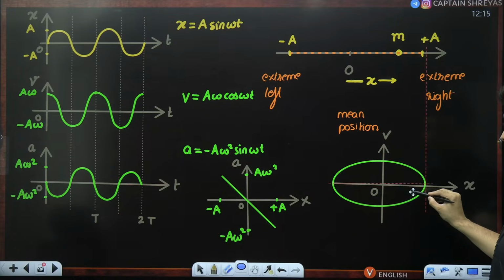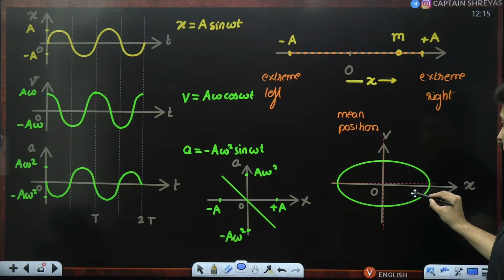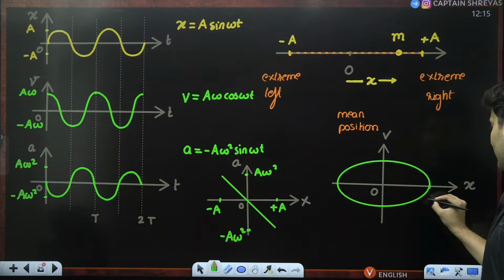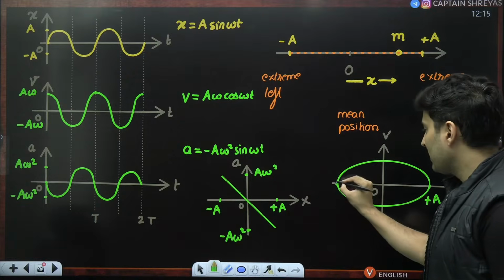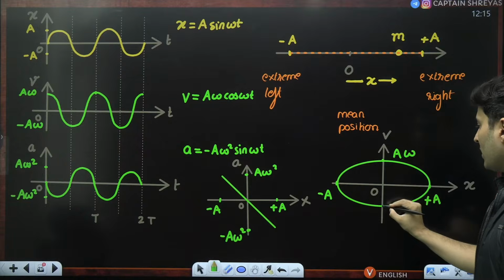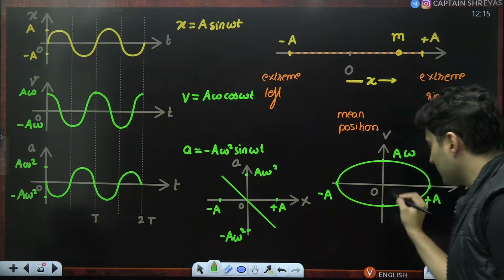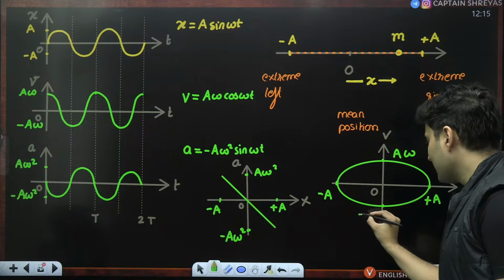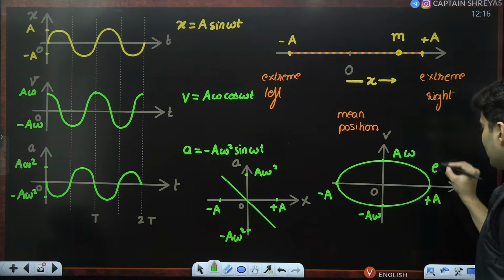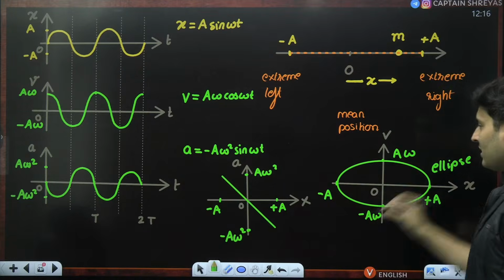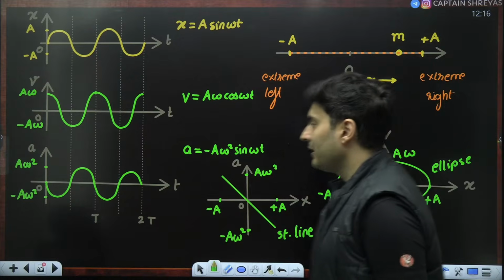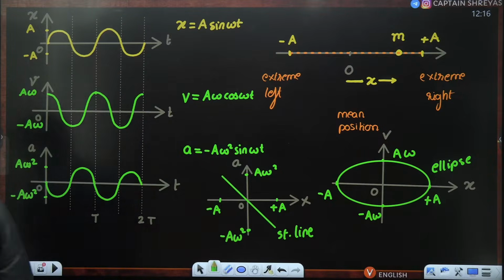You will see the maximum value of x is plus a, the least value of x is minus a, the maximum value of velocity is a omega, the least value of velocity magnitude wise is 0, but if you consider the sign, it is minus a omega in the opposite direction. So this is an ellipse, very, very important. This was basically a straight line. This was a bumpy road, up and down motion.